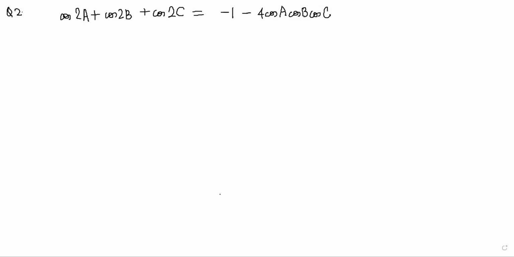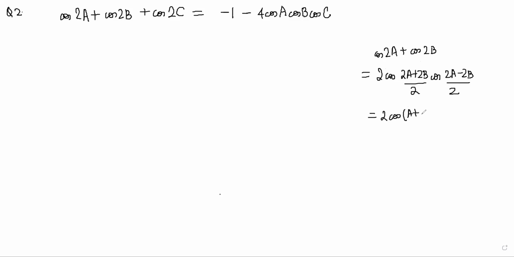What are you doing? You're doing cos 2a plus cos 2b, right? You know the formula for that? 2 cos of (2a plus 2b) by 2 into cos of (2a minus 2b) by 2. So it will become 2 cos (a plus b) into cos (a minus b) plus cos 2c.